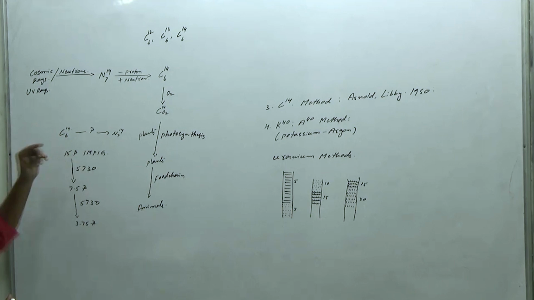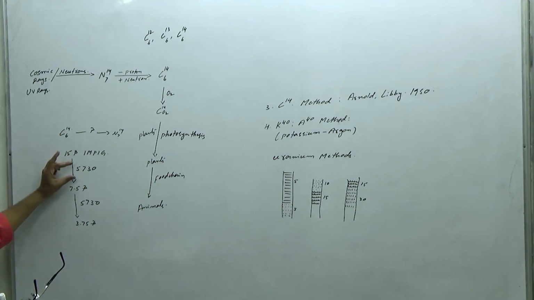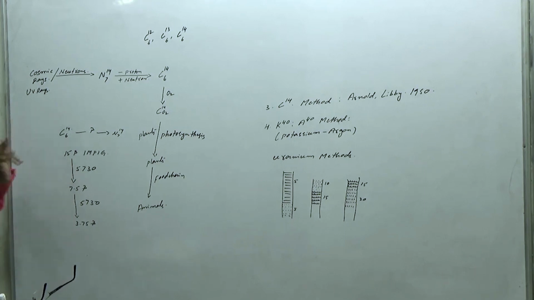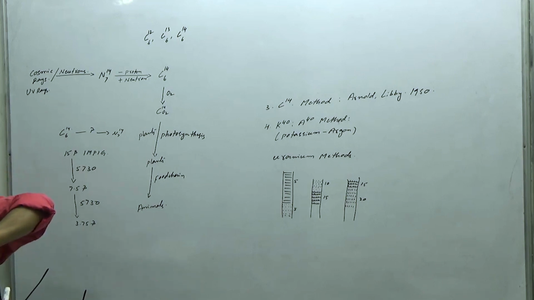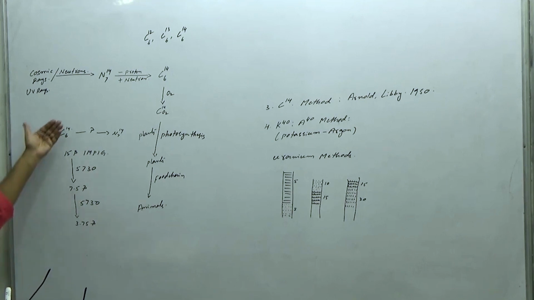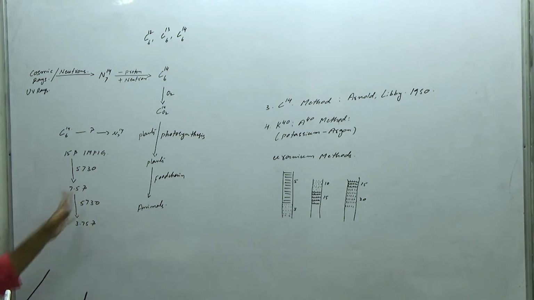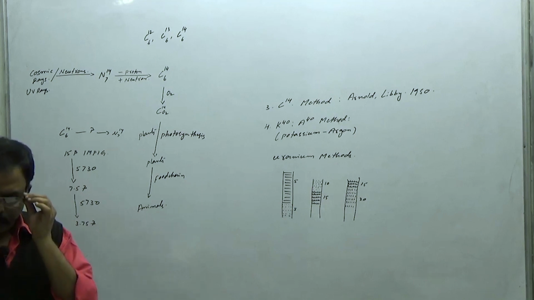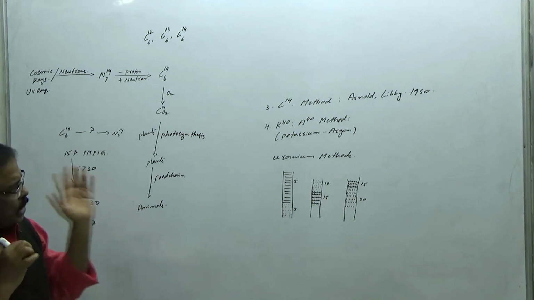On the basis of this half-life, for every 5730 years, half of the C14 converts into nitrogen. That's why the count is going to reduce. That means there are two methods again in the C14 method.